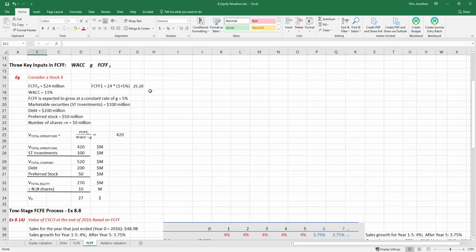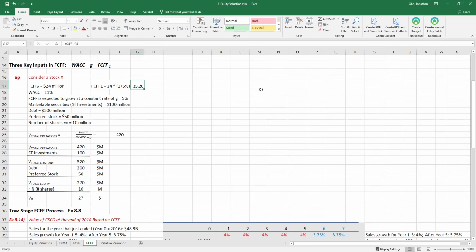Let's cover one simple question and then a big question. Consider free cash flow to the firm at time 0, last year, is 24 million. To calculate free cash flow to the firm at the end of this year, it is last year's 24 times 1 plus the growth rate of 5%.